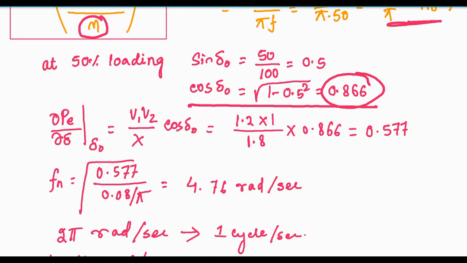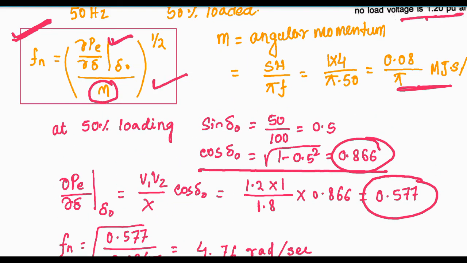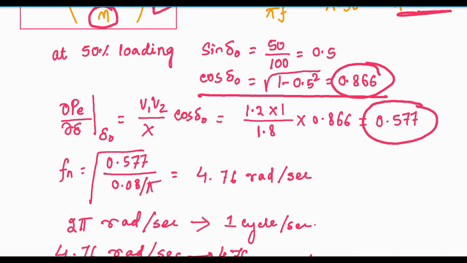And what we are getting, del Pe by del delta is equal to 0.577. And what is Fn? We have to apply this formula, 0.577 by 0.08 by pi, and square root over, which is equal to 4.76 radian per second.